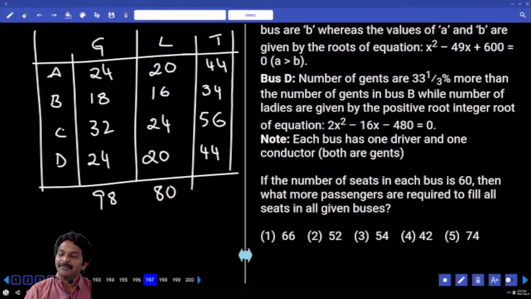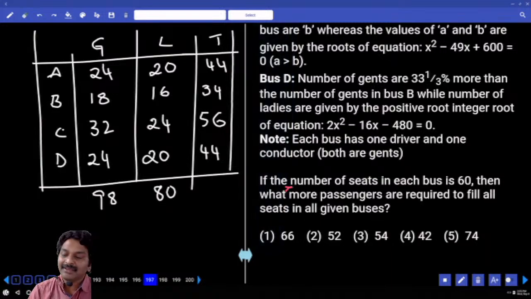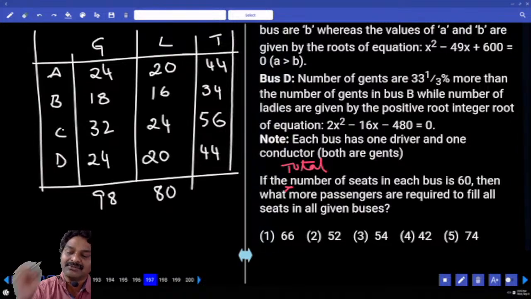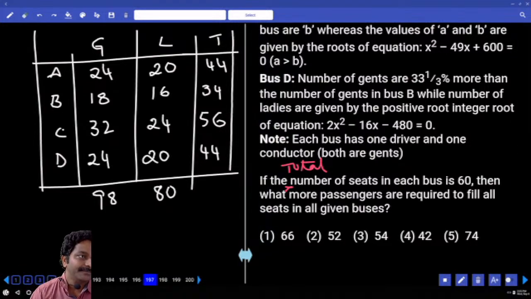Next, if the number of seats in each bus is 60, then how many more passengers are required to fill all seats in all the given buses? So here there must be one more word: if the total number of seats in each bus is 60.